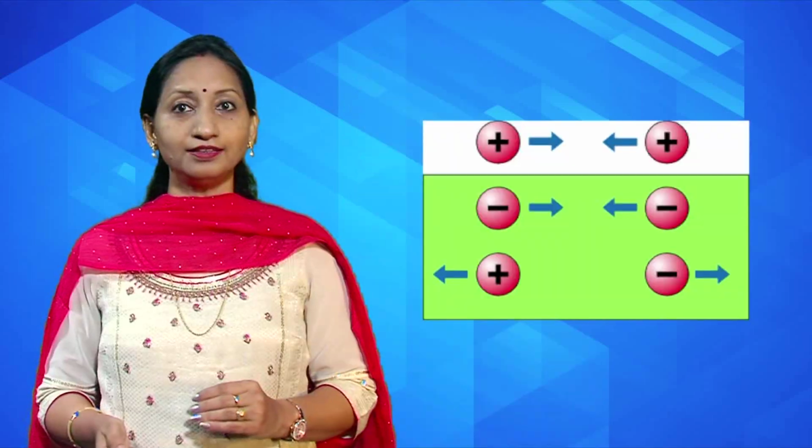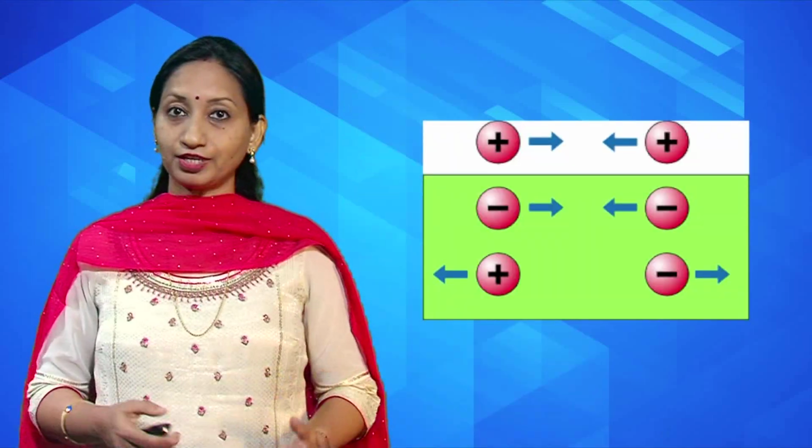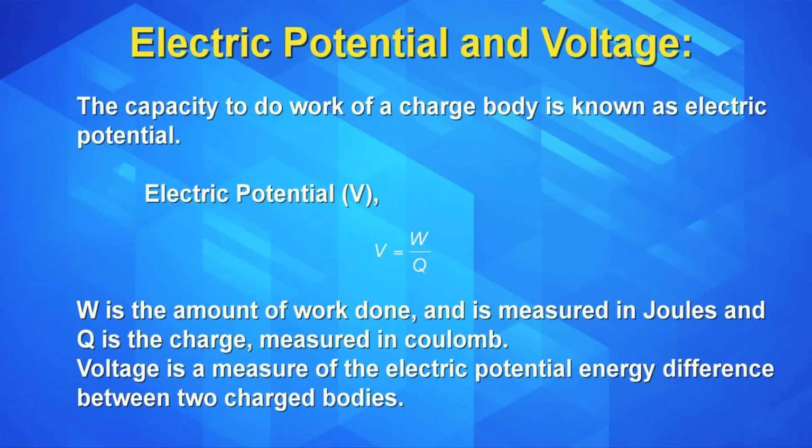Now, the charged body is capable of doing some work in the form of moving another charged body by attraction or repulsion. This capacity to do work of a charged body is known as electric potential. In a simpler manner, the electric potential can be defined as the work done of charging a body to a unit charge.